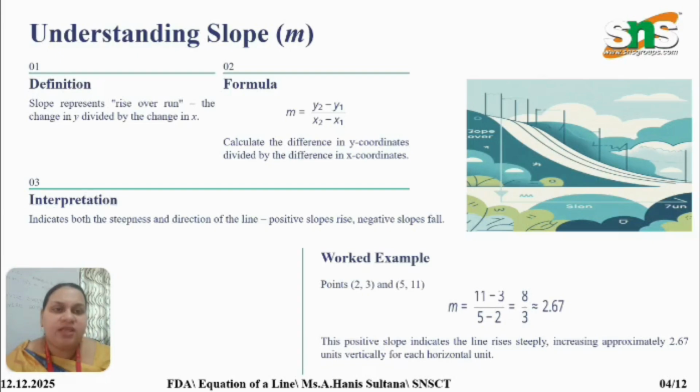Suppose y2 is 11 and y1 is 3 and x2 is 5 and x1 is 2. So what is our slope now? It is 2.67. It also indicates the positive and negative factor. Here the slope is positive, the line rises steeply, increasing approximately up to 2.67 units respectively.